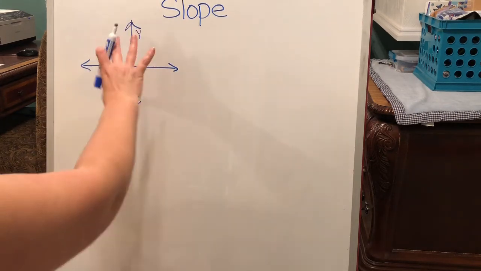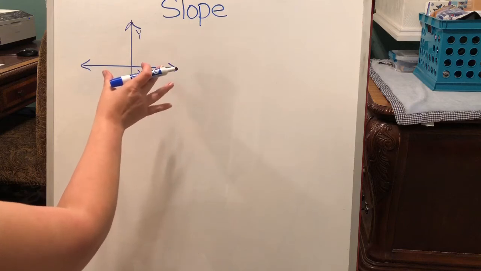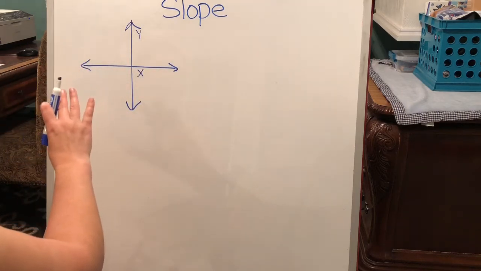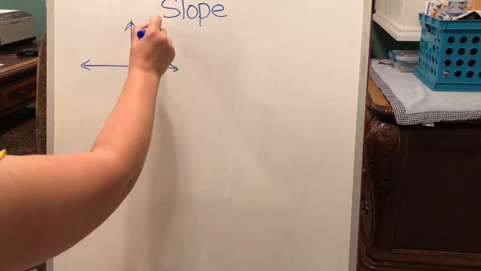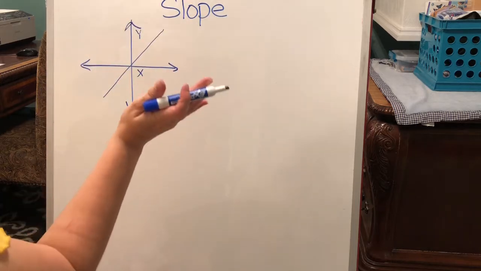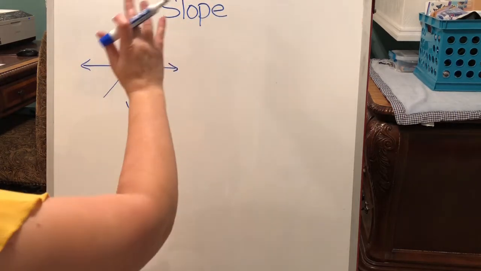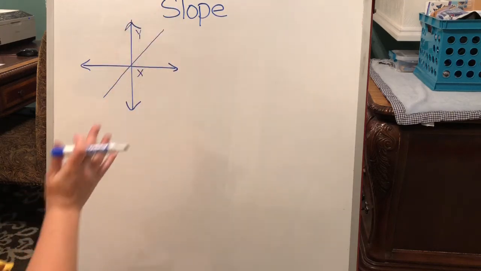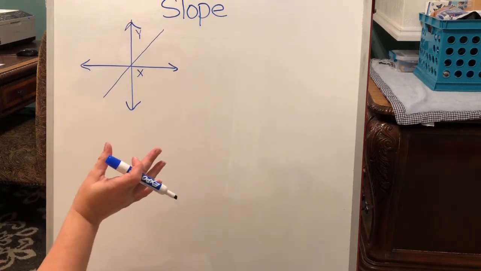Now, we want to identify lines, and for our purpose, we're going to use a linear line. If it has some sort of angle to it, we want to identify what is that degree, what is that slope of that line, or how much it's leaning.